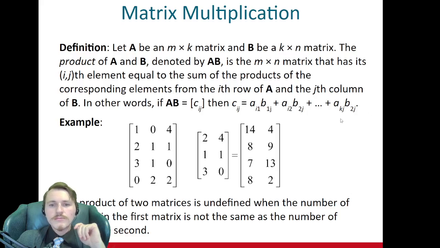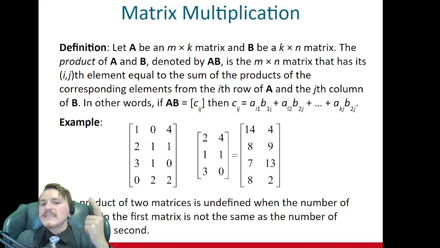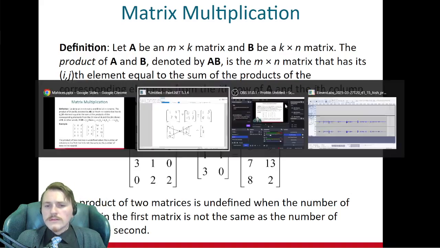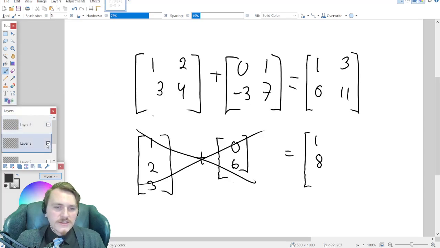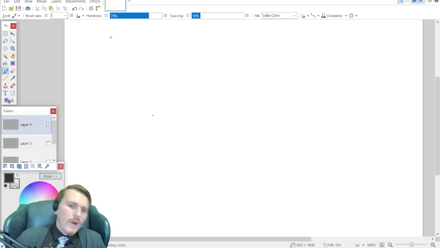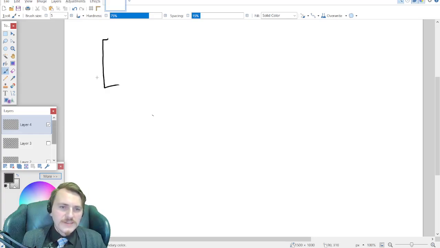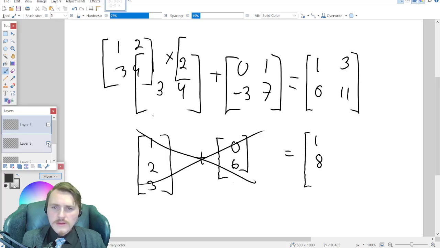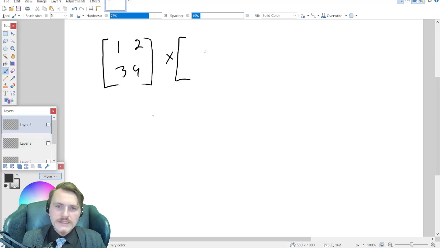A lot of words here and math, right? I think it's easier to understand by example. So let's take a look. Let's try to do some multiplication. We'll start with our simple 2D array, two matrices again. 1, 2, 3, 4. And now let's multiply that by, what did I have last time? 0, 1, negative 3, 7.